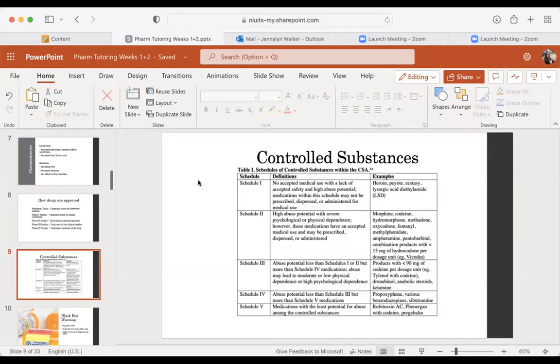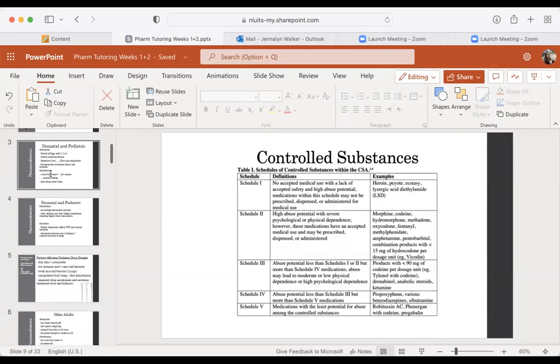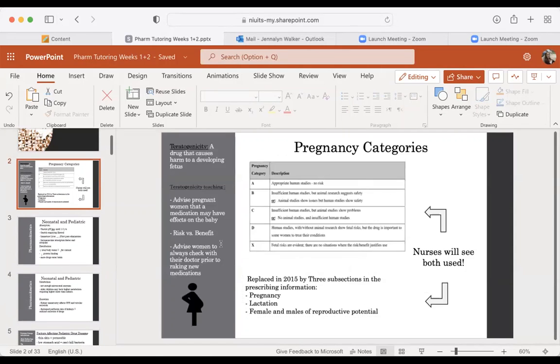Okay, you said category X is the one that you wouldn't give to the mom. Right. And then in 2015, they got rid of the pregnancy categories, and now they use 3 subsections.